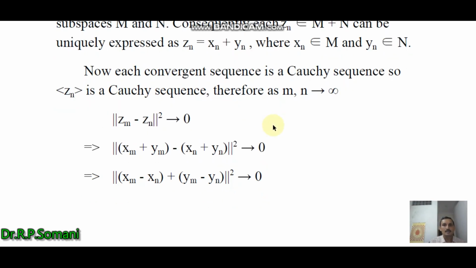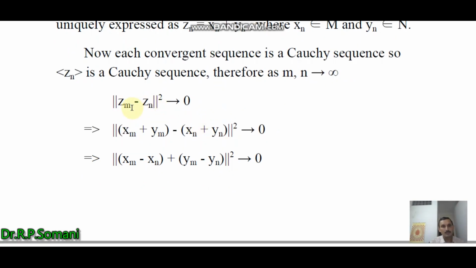Therefore, as m, n tend to infinity, norm of Zm minus Zn square tends to 0. Now putting the value of Zm as Xm plus Ym and Zn as Xn plus Yn.